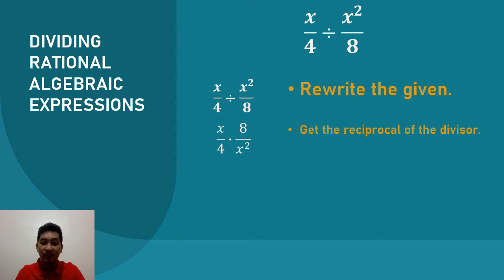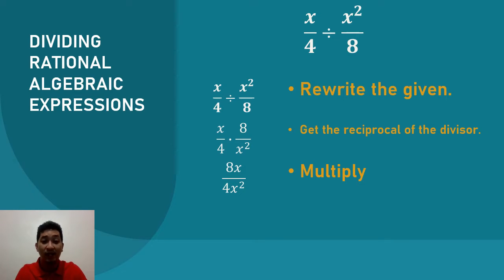And then the next one is get the reciprocal of the divisor. So the reciprocal of the divisor, which is the divisor? It's x squared over 8. So what's the reciprocal? It's 8 over x squared. Okay? So, and then what's the next step? You have to multiply. So multiply x times 8, that's just simply 8x over 4 times x squared.